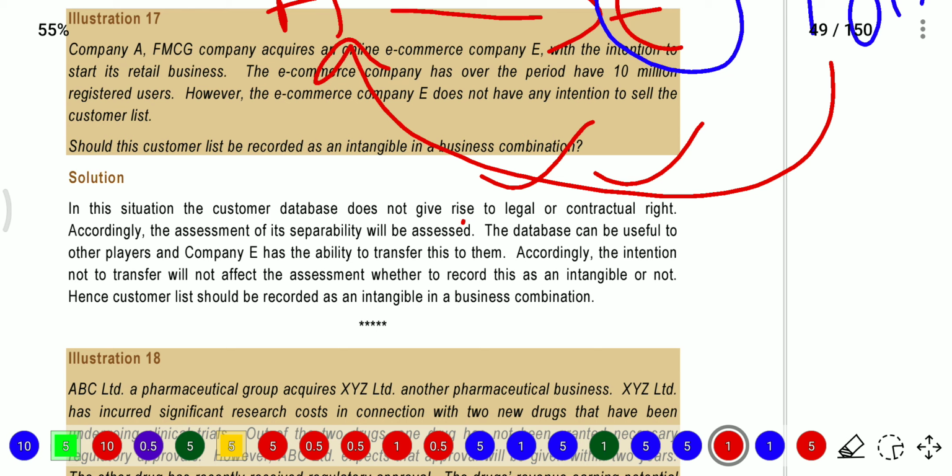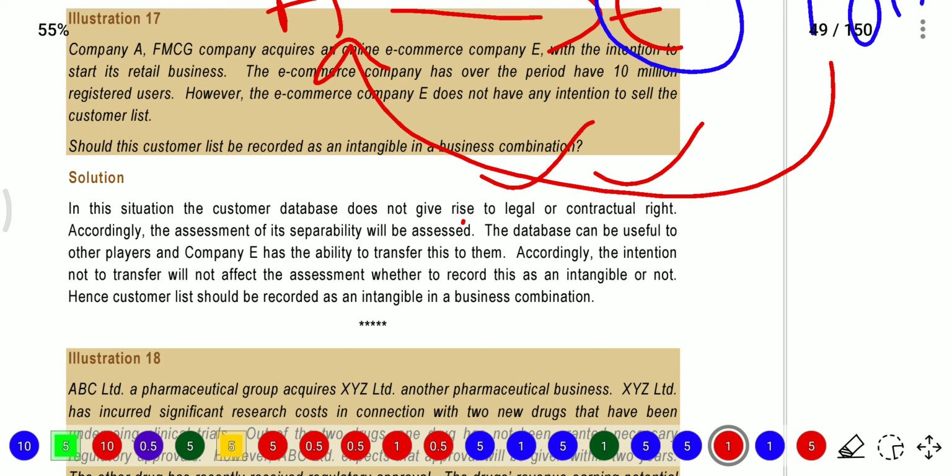Now we will see whether from the business we can separate that item. The database can be useful to other players, and company E has the ability to transfer it. So whatever the 10 million persons' data, company E is able to transfer to others, and the other players may use these customers.